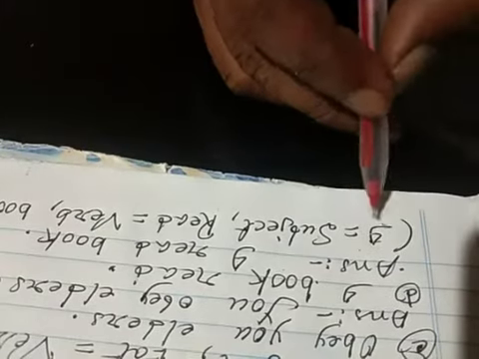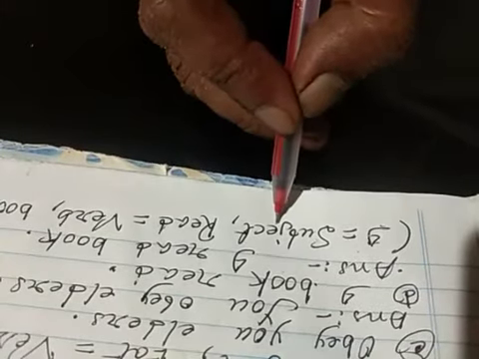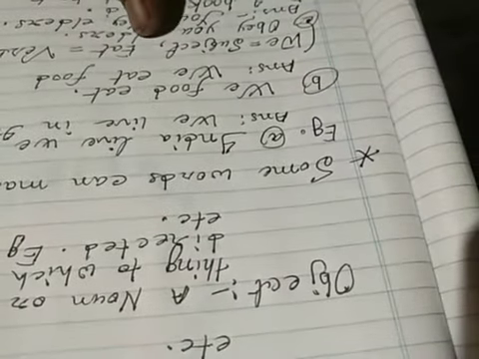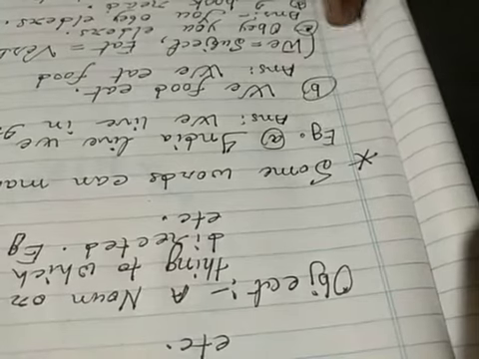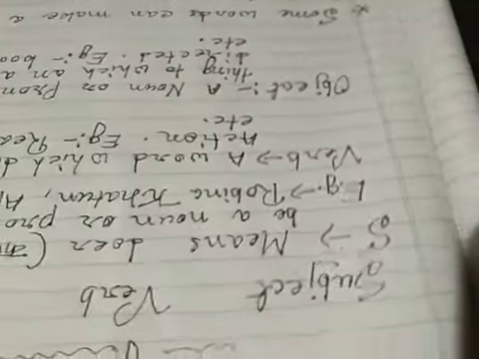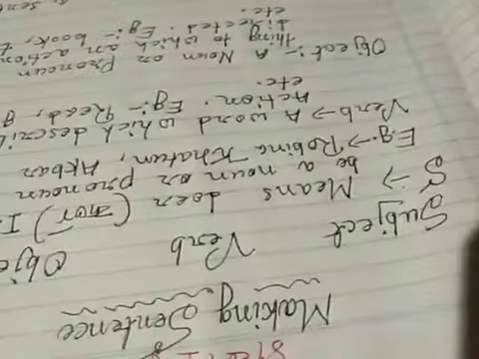Here I is subject, read is verb, and book is object. So if you want to make a sentence, at first we have to write subject, then verb, and after that at last we have to write object.